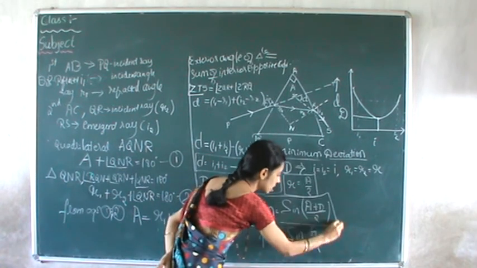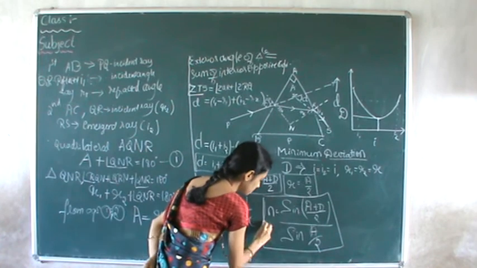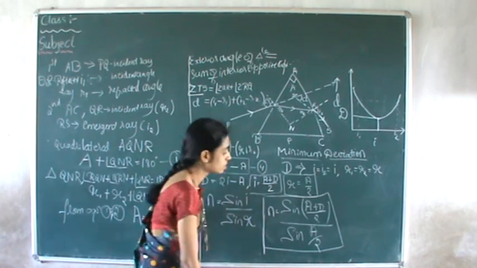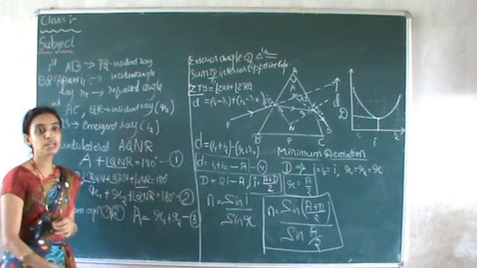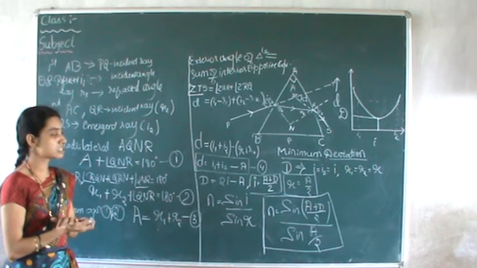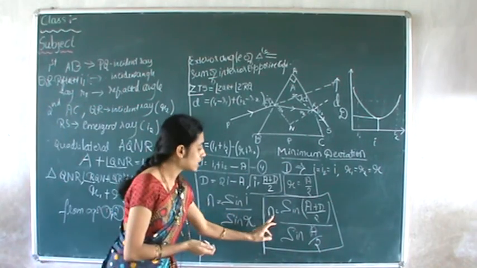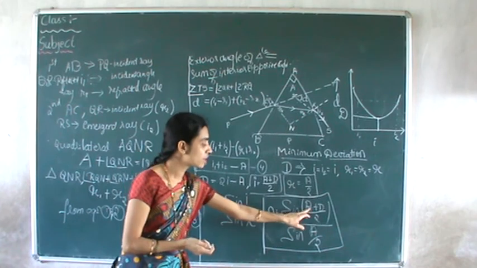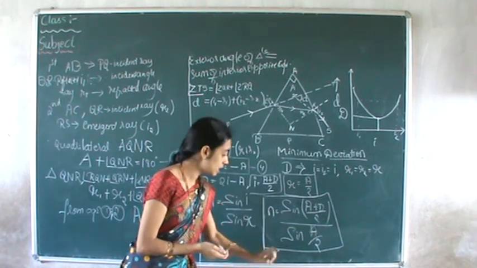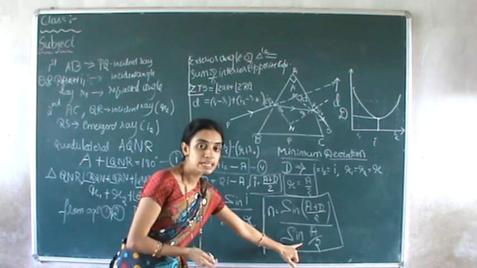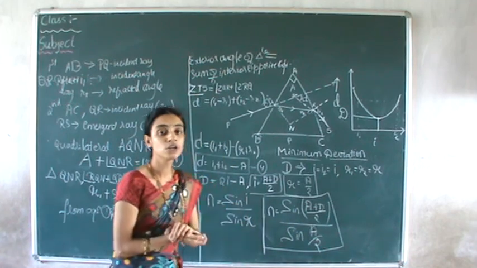It's a 5 marks important derivation, or they may ask a 5 marks problem. So it's the final expression. Refractive index of the prism is n equal to sin of (A plus D) by 2 divided by sin A by 2.